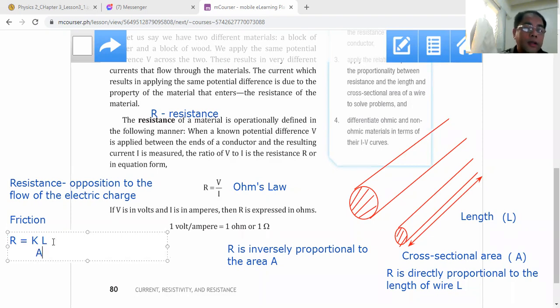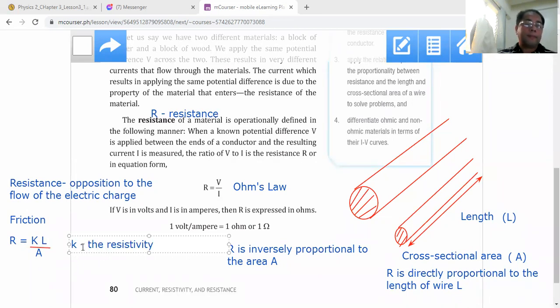So K there is a value which we call a constant. K here is called the resistivity. So they use the term resistivity to denote the value of the resistance.